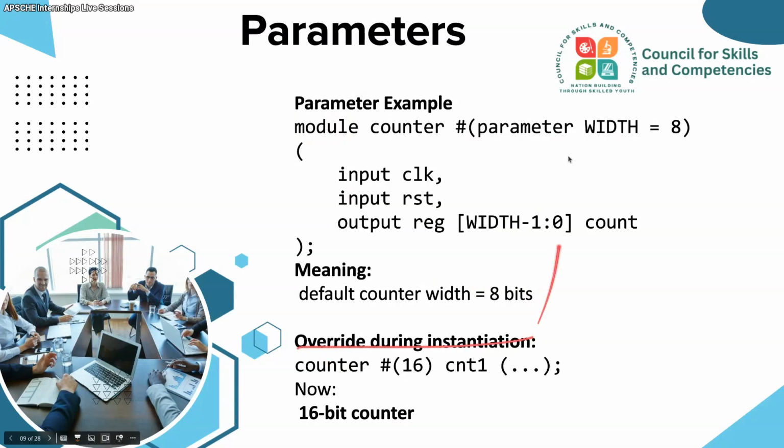We can override the width when we instantiate this hardware, and change it to 16. So you have flexibility. Now it becomes an 8-bit counter, and while instantiating, when we pass the parameter as 16, it changes to a 16-bit counter. So this is one good usage of the parameter.